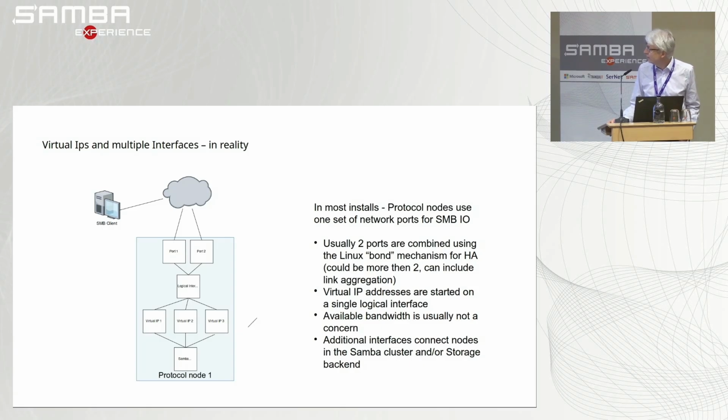So we have port 1 and 2 bonded together into a logical interface, and we run the virtual IP addresses on the logical interface. So we have high availability on the adapter already, because we have a virtual adapter that will survive the failure of any one of ports 1 and 2. We have potentially aggregated bandwidth depending on the bonding mode.